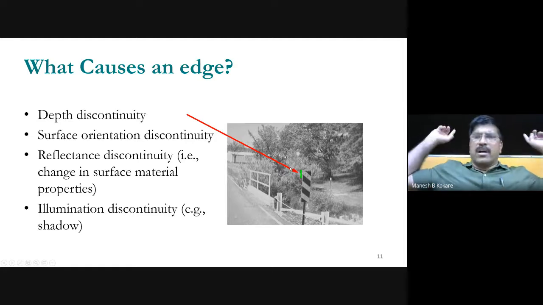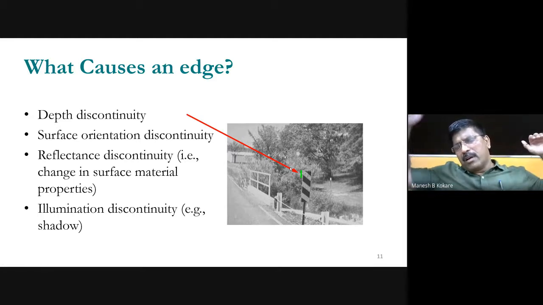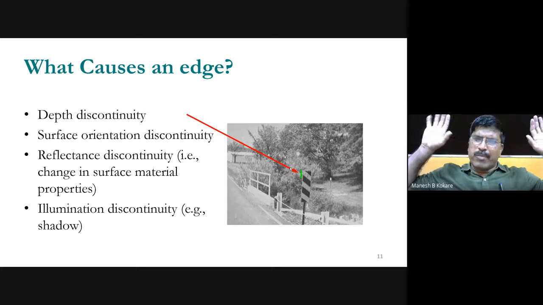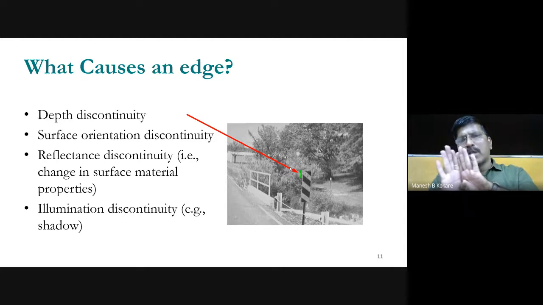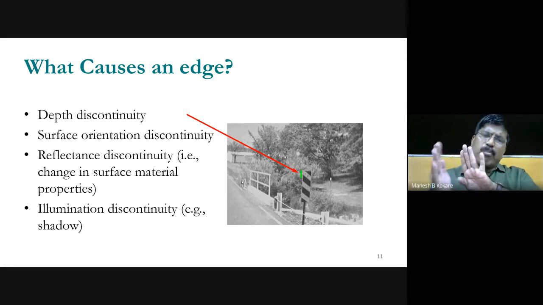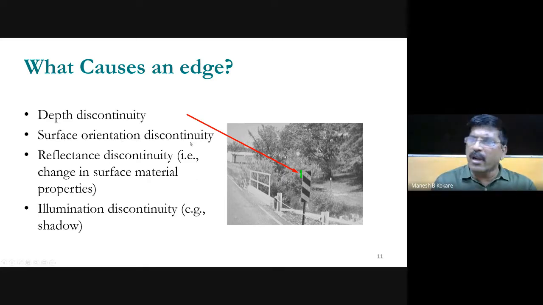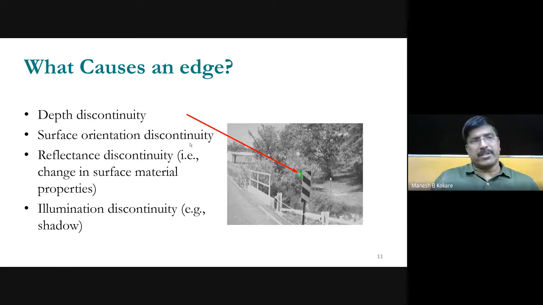You might have seen that if you take a picture of your own room, your walls are there, and suppose the walls are like this, so there is a surface orientation discontinuity. Though those walls are painted with the same color, you can see the edge in the corner because there is a surface orientation discontinuity. Even for the ceiling, you will find that there is an edge, because there is a surface orientation discontinuity.